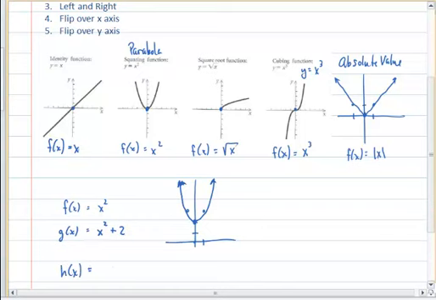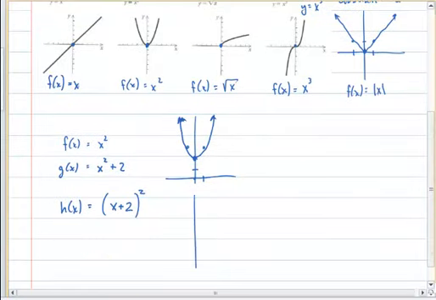So now if we wanted to move this function, let's say we'll call it h of x, we want to move the parabola to the left, we would just add a value, x plus 2, on the inside of the function, and that would move our parabola to the left. So we would start out at our origin point, which is normally 0, 0, and we would go to the left by 2.